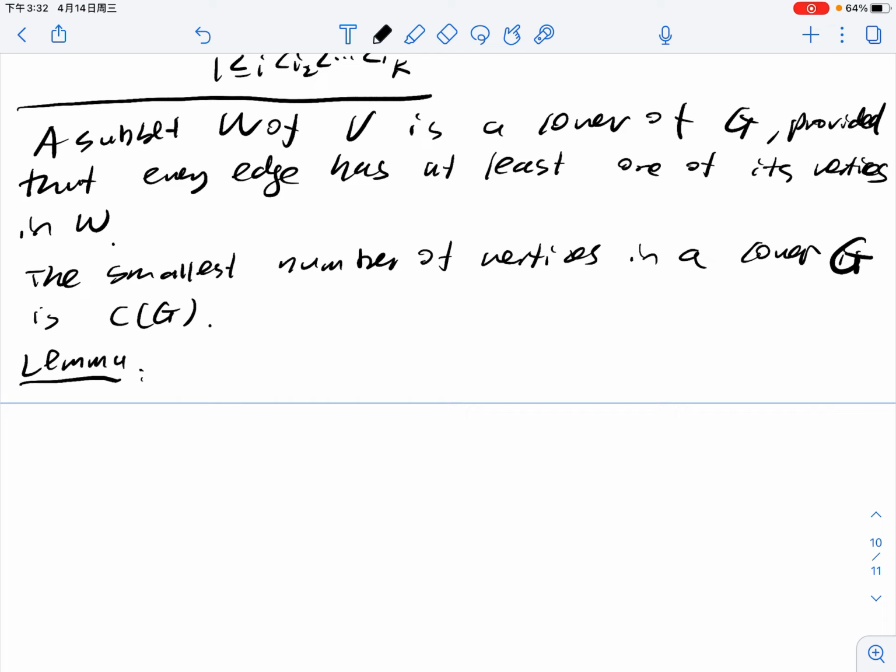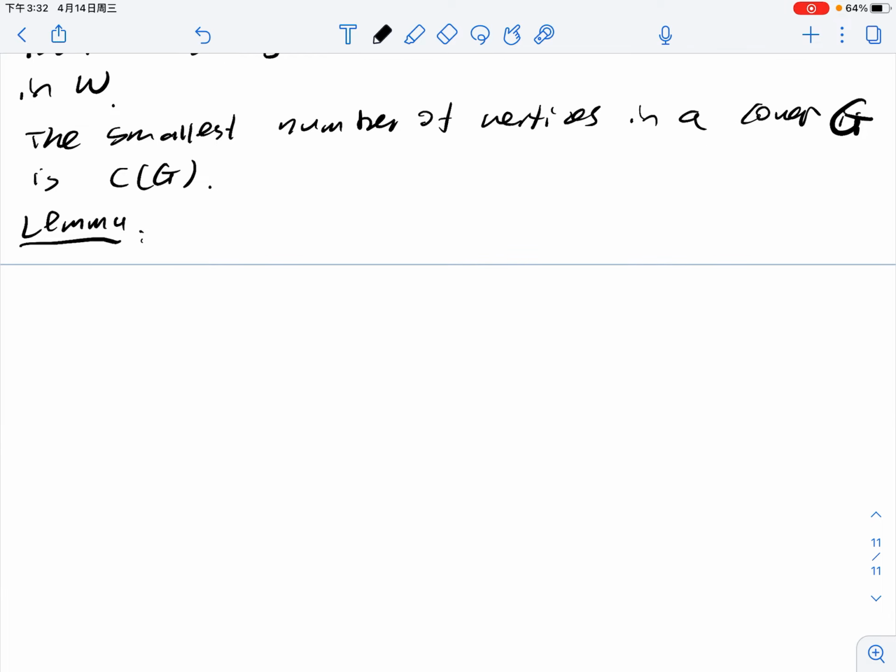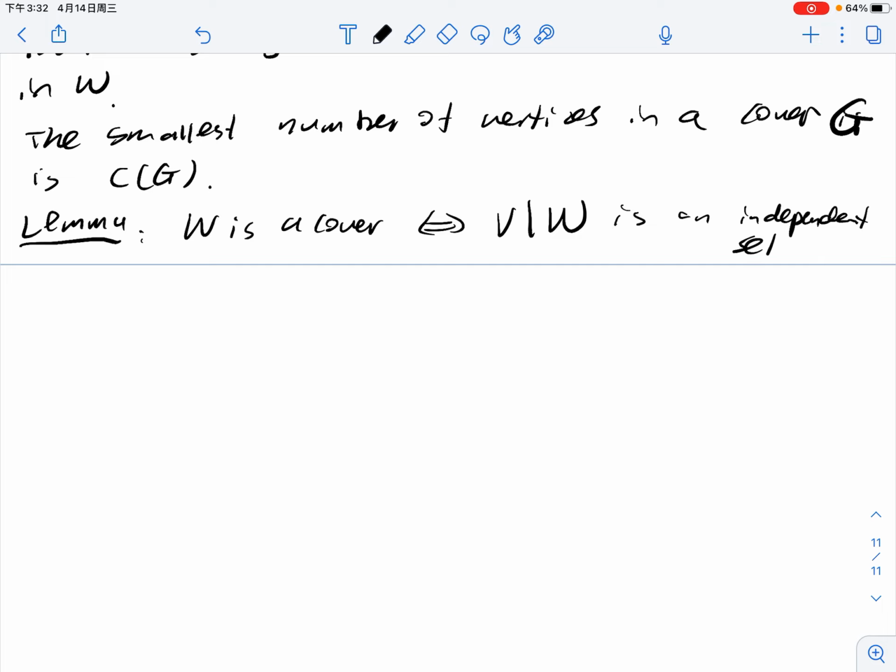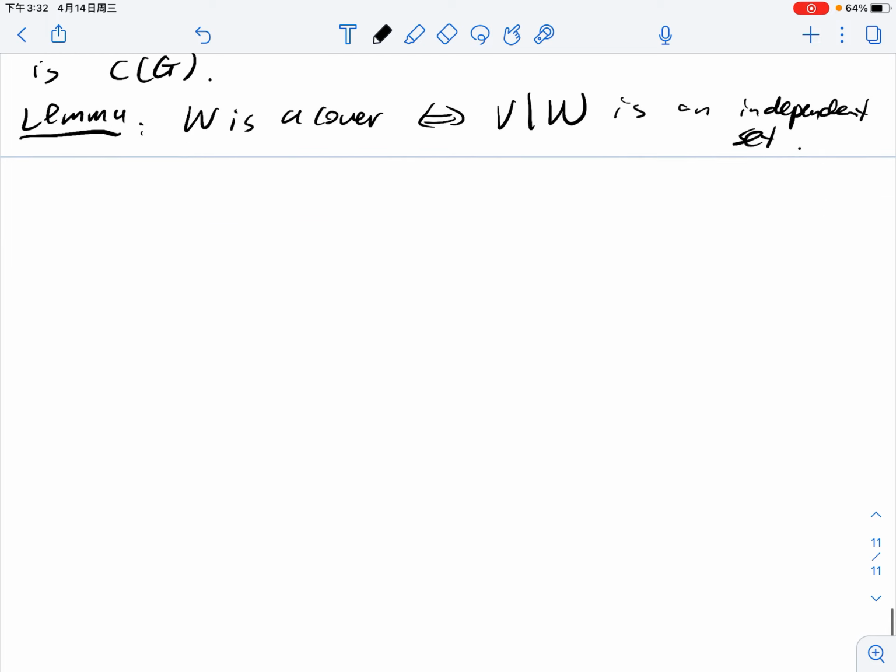And the reason why cover is useful is because W is a cover is the same thing as V minus W being an independent set. Okay, you can easily prove this. And then the asterisk formula, which computes the matching number, can be formulated in the following way.